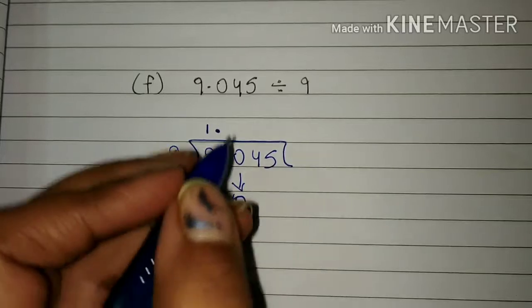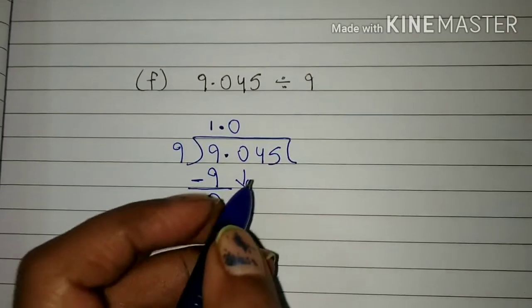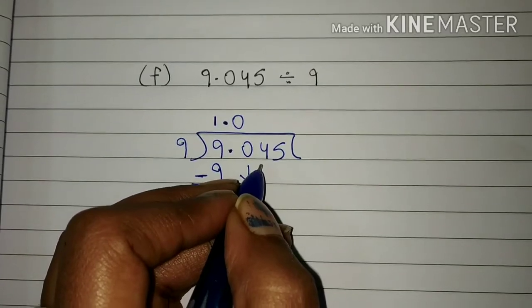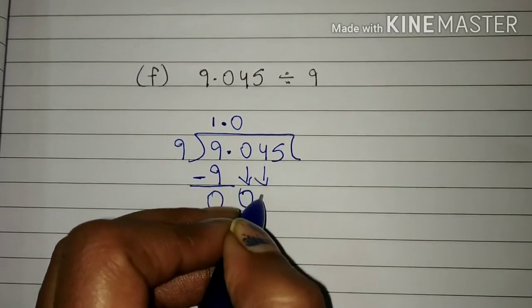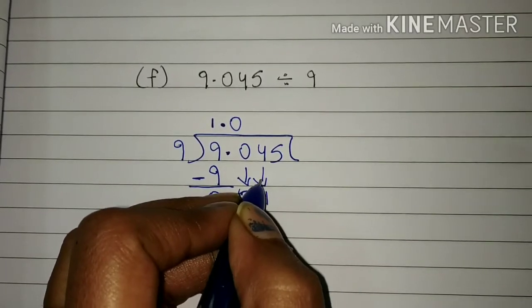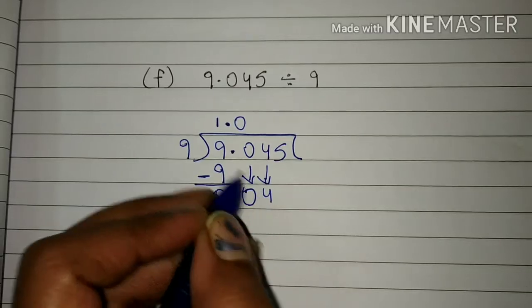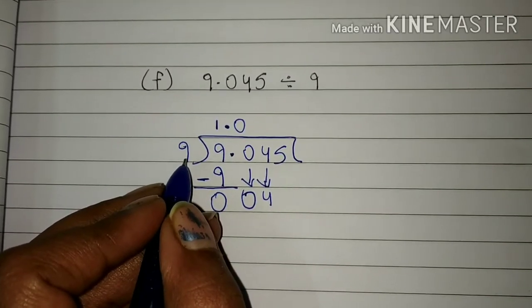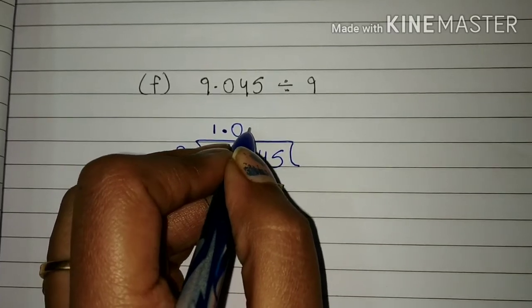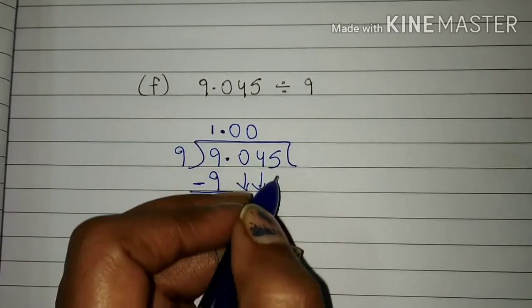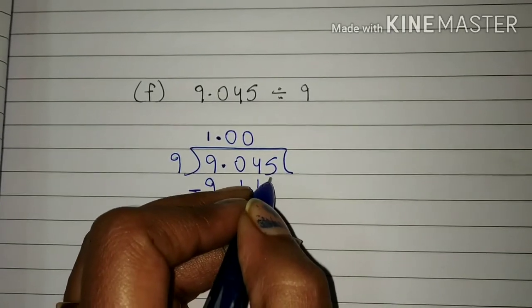So we will write here 0 and then copy down the next number, that is 4. So we will write here 4. Now students, 4 is not coming in the table of 9. So again we will write here 0 and then copy down the next number, that is 5.